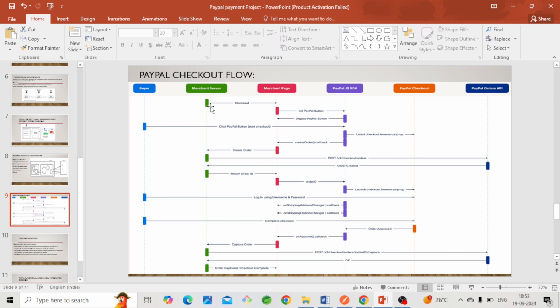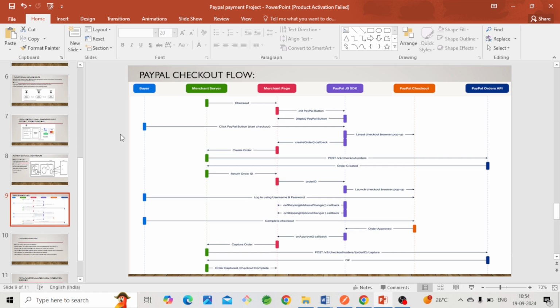Then the buyer clicks on the PayPal button to proceed with the payment via PayPal. The PayPal JavaScript library provides that button to proceed with the payment.